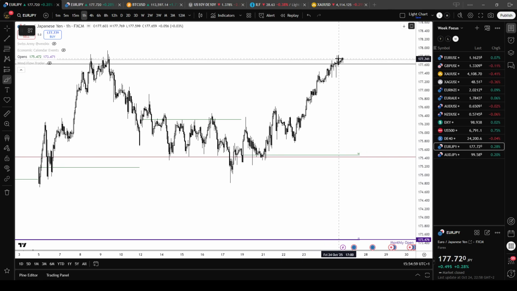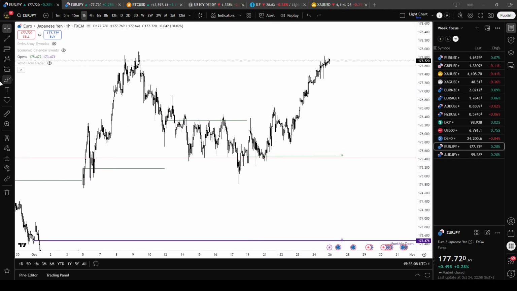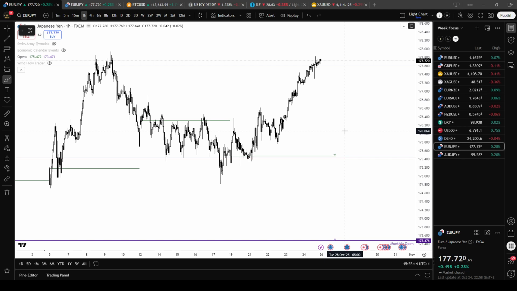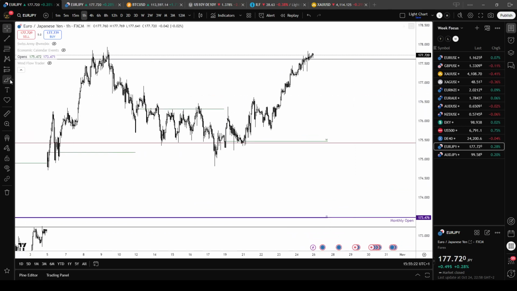It just traded higher. So right now I'm neutral on EURJPY. I think that this gap will be filled, but just not yet. Just not yet.